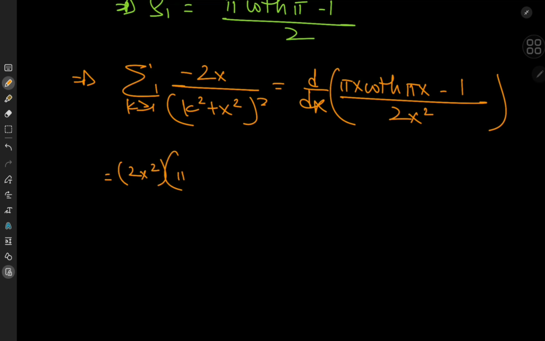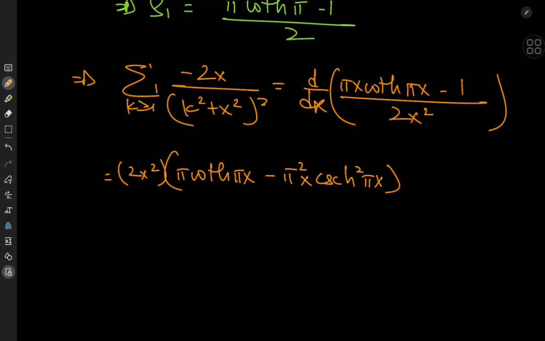Anyway, so we have 2x squared. Now the product rule, pi times hyperbolic cotangent pi x plus pi squared x minus sign because I have the squared hyperbolic cosecant thingy. Okay, derivative of 1 is 0 because 1 is a constant.